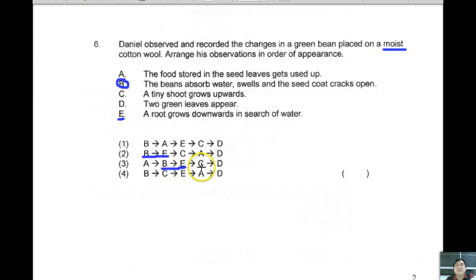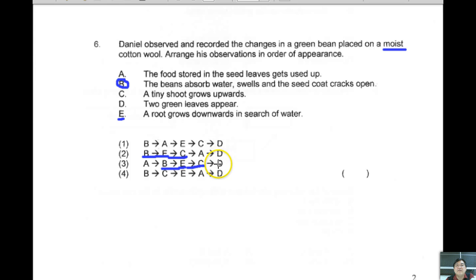After that should be C or C. Both say C: after the root, a tiny shoot will grow. Both are true. Now the next, this says A, the other one says D. After the shoot grows, the leaf should appear.